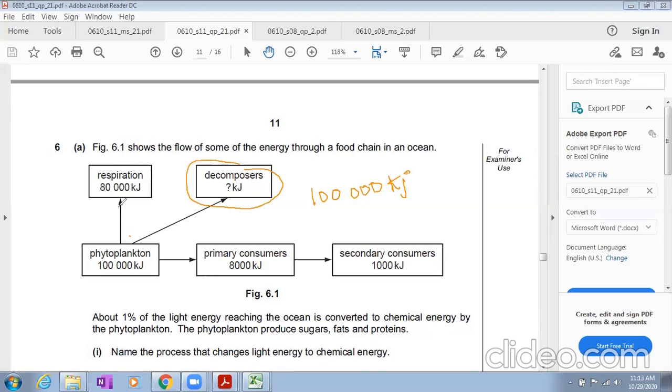In respiration, this energy is released, and the primary consumer gets this. So first we will add how much energy is released in respiration and how much energy is transferred to the primary consumer.